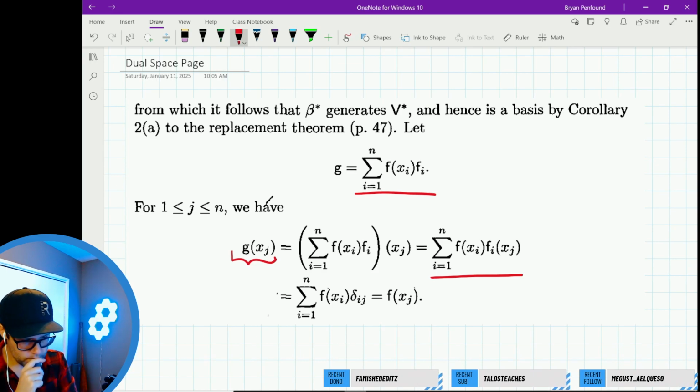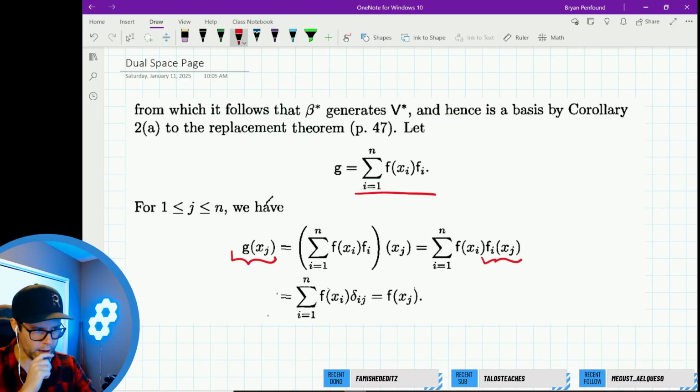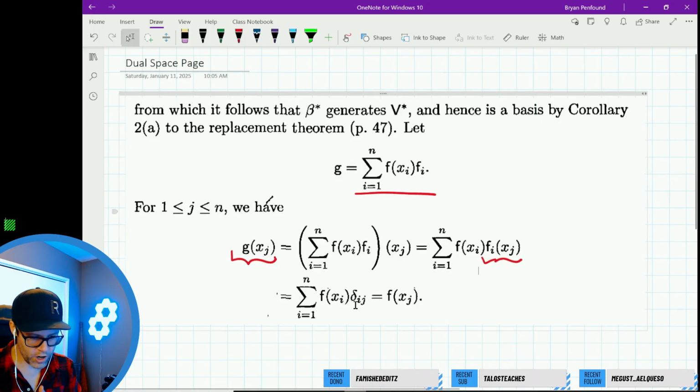However, they're specifically, I think, going to look at this part here, right? They're going to say, okay, well, the only ones that I really care about, the only ones that are not 0, happen when i and j are the same. Right? So either this is going to be 0 or it's going to be 1.